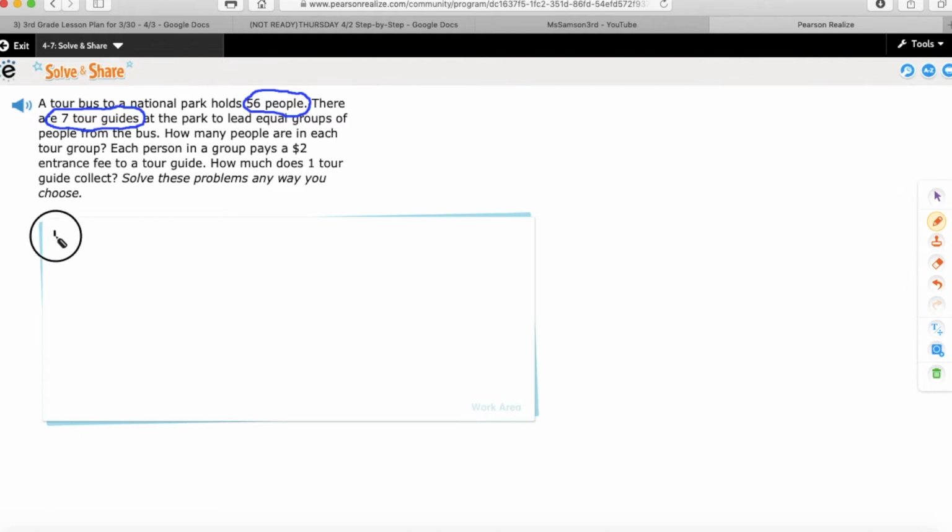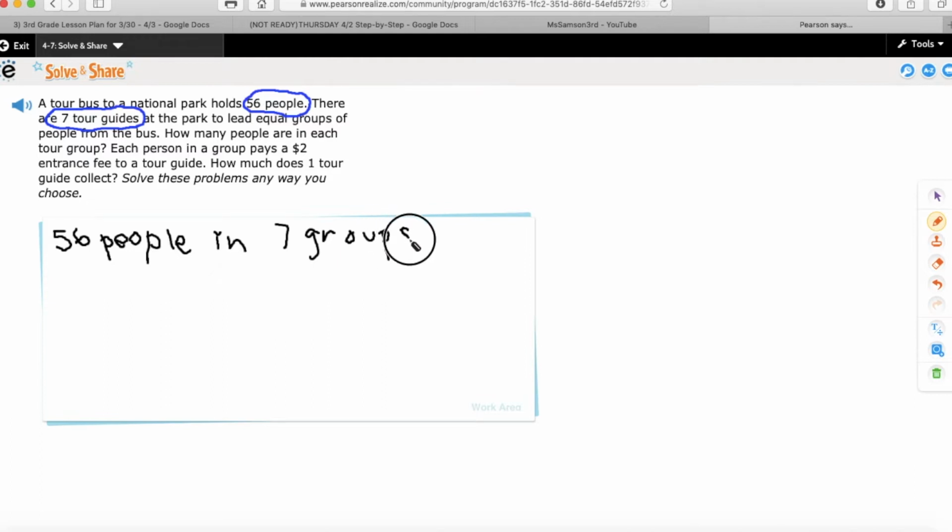So we know that there are 56 people, and they want to equally divide the 56 people with 7 tour guides. So they want to equally divide 56 people into 7 groups.